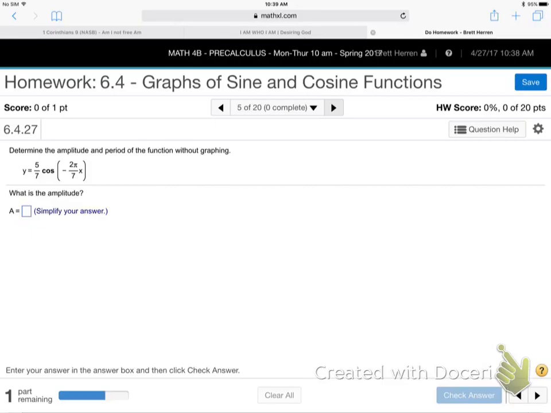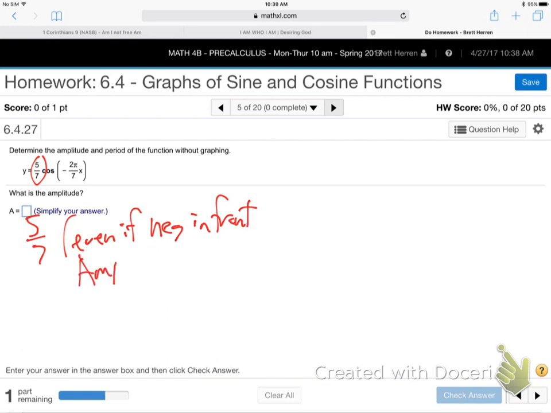Okay, so amplitude, that's easy. Amplitude's right here. So amplitude 5/7, no big deal. And even if there's a negative in front, by the way, amplitude equals the positive version. For whatever reason, they just defined amplitude as give me only the positive answer.